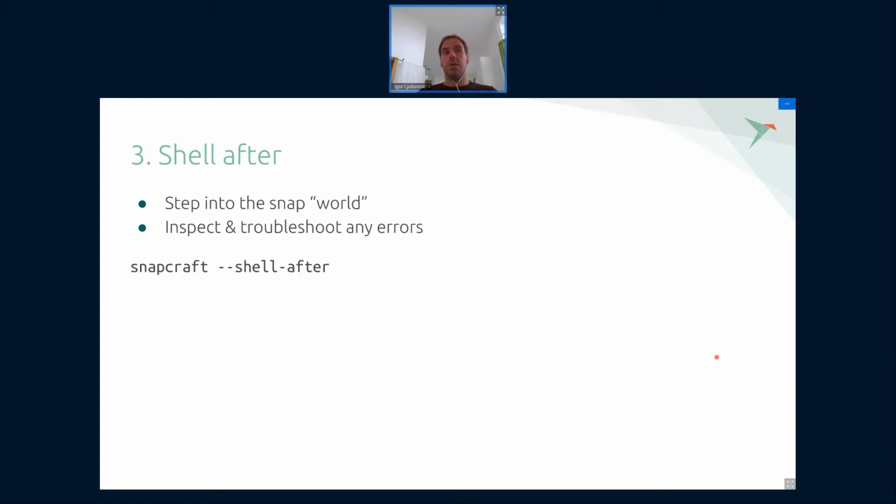This can be quite useful if you're trying to troubleshoot an error that doesn't seem obvious from outside of the build environment. So you're building, something goes wrong, you're not quite sure why things are misbehaving, step into the build world and troubleshoot yourself. Then you can, of course, step out and resume your normal development work.